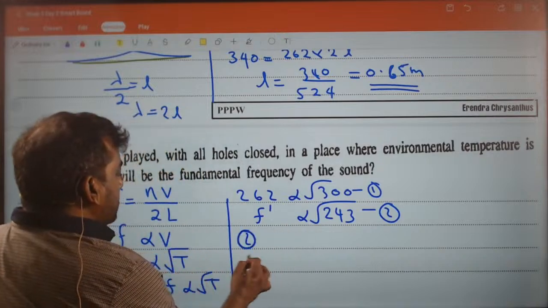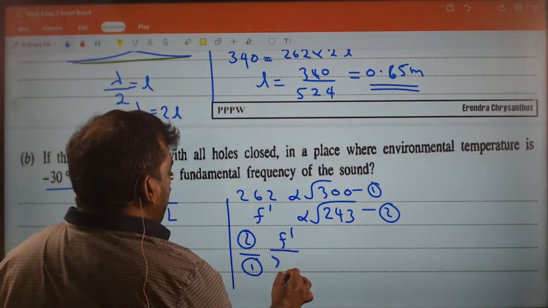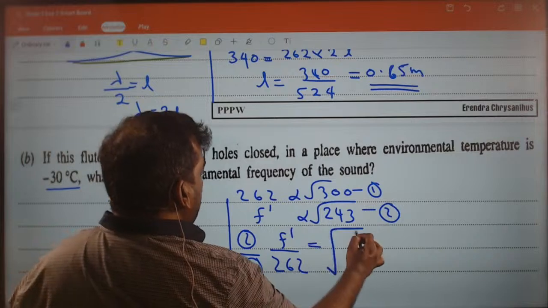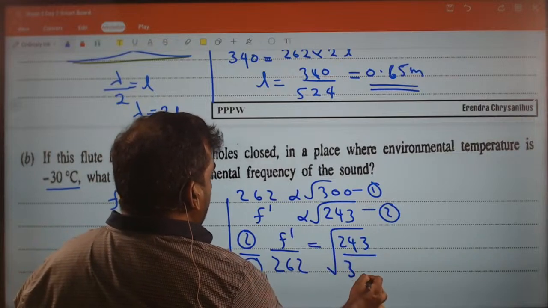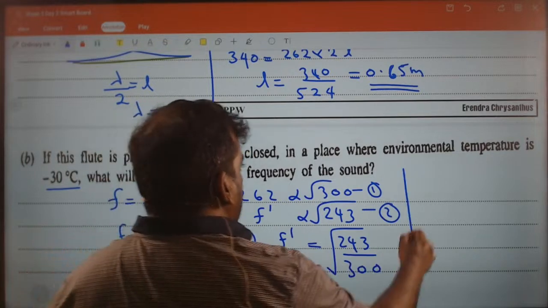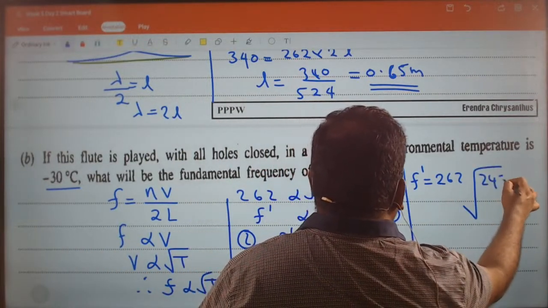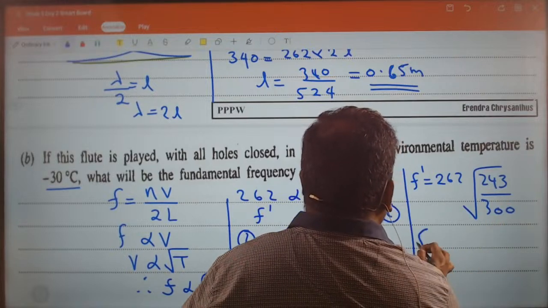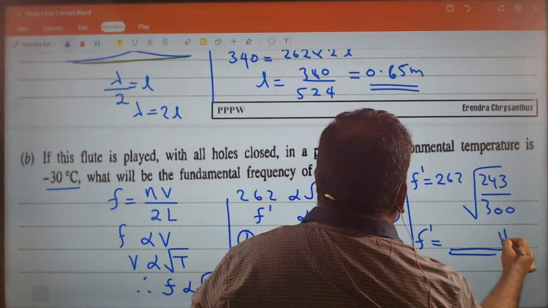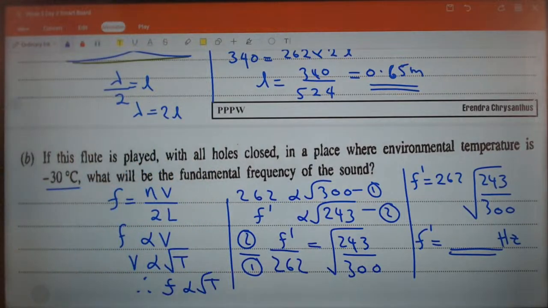Divide the second equation by the first equation. F dash divided by 262 equals square root of 243 divided by 300. Simplify this. F dash equals 262 times the square root of 243 over 300. From this you can find the frequency in hertz. Simplify the relationship.